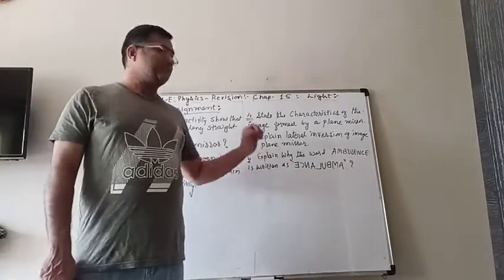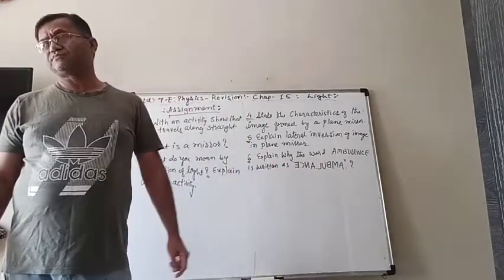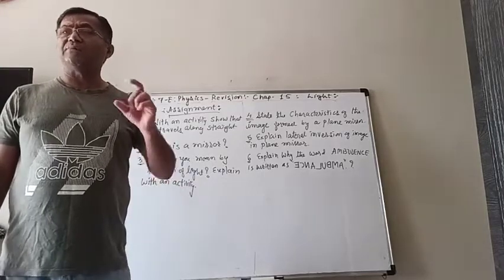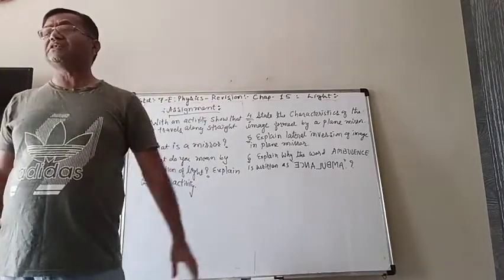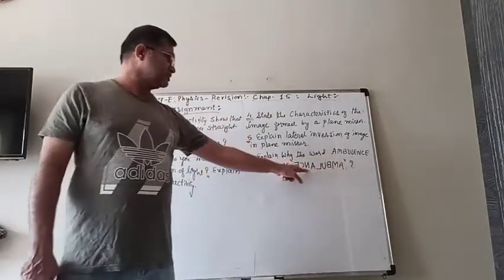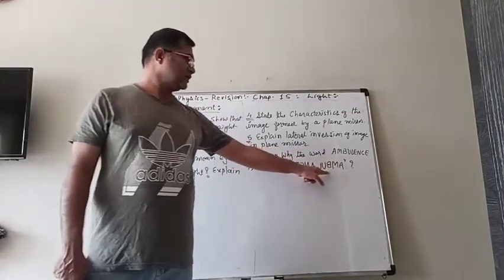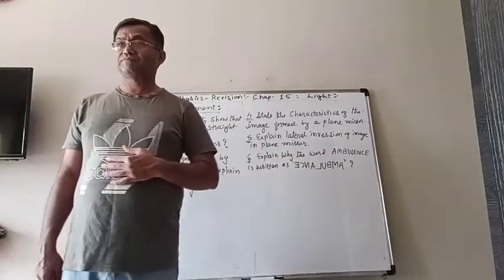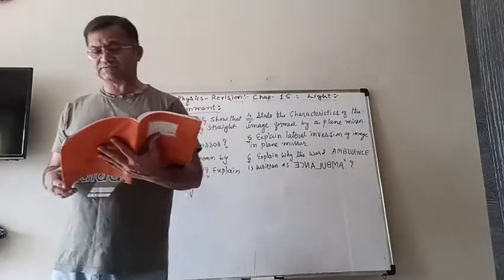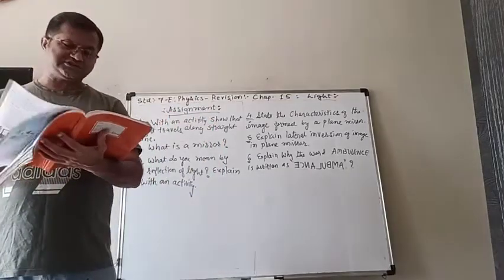Now, if you have seen an ambulance, on the ambulance, the word ambulance is not written in the normal way, but generally it is written the other way. Why? Because we know that an ambulance is an emergency.